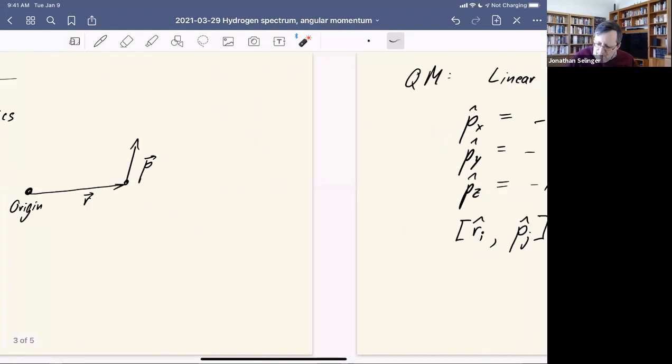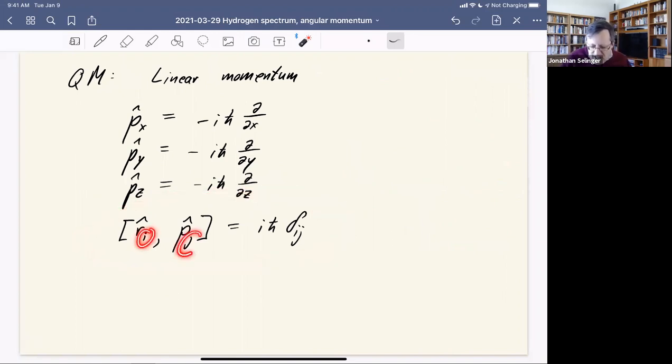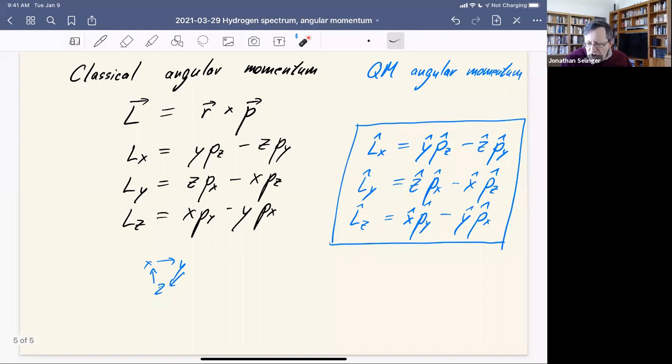That's the commutator back here. If we put in i is y and j is z, the commutator is 0. So they commute with each other. So luckily, we don't have to decide here whether we write y pz or pz y. It's the same thing.